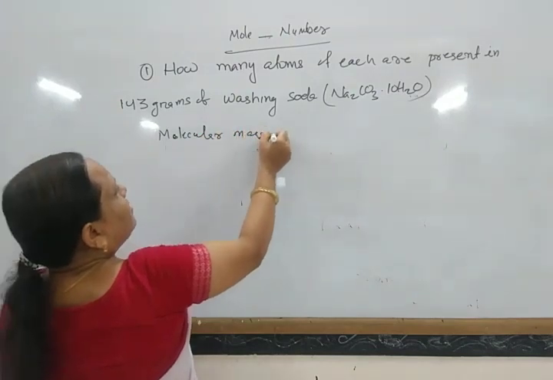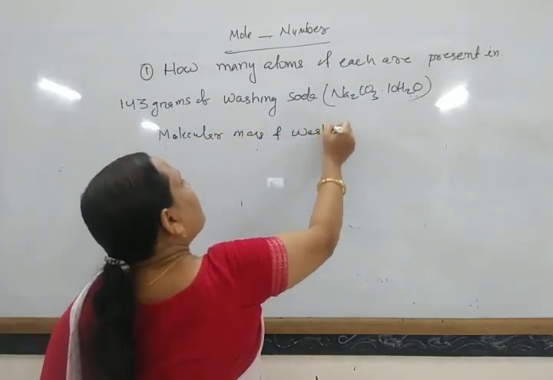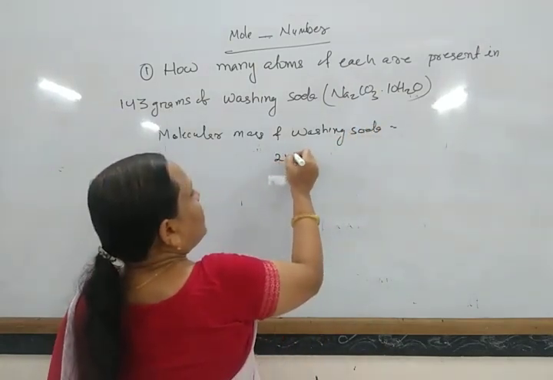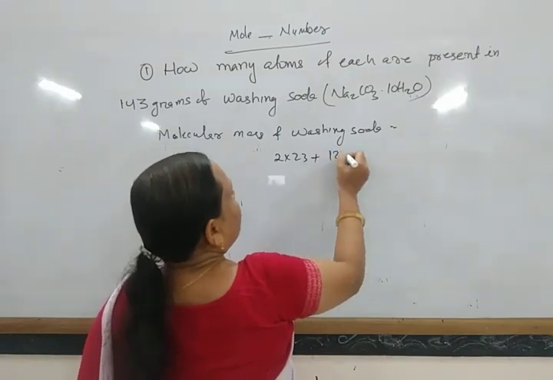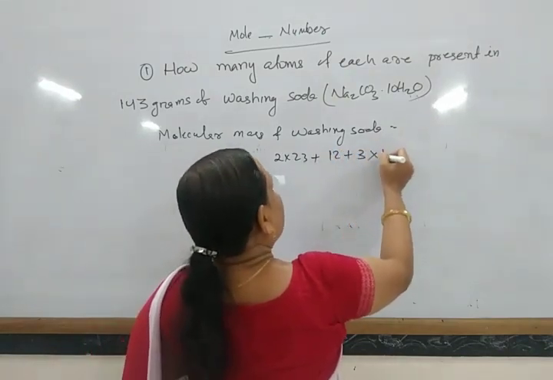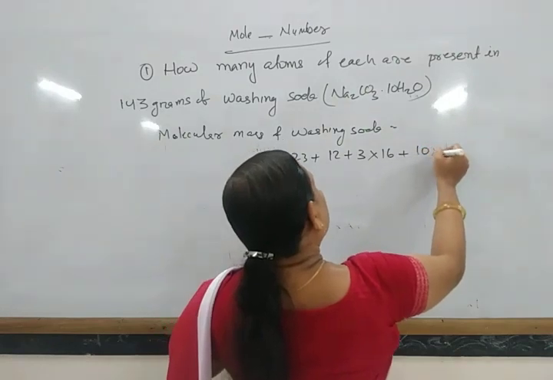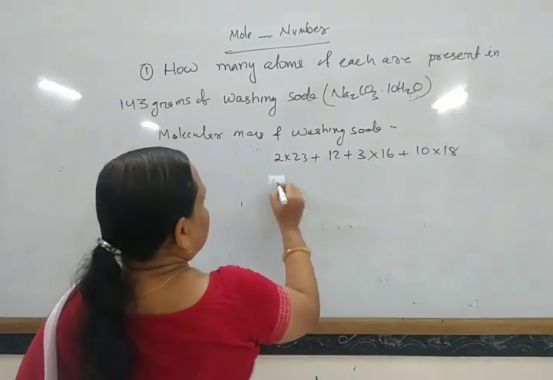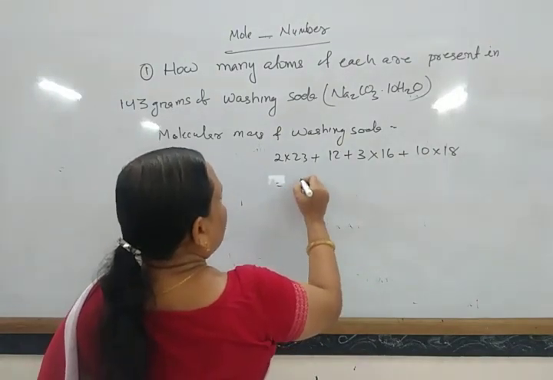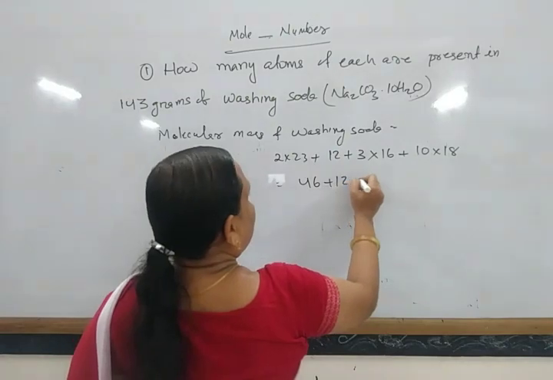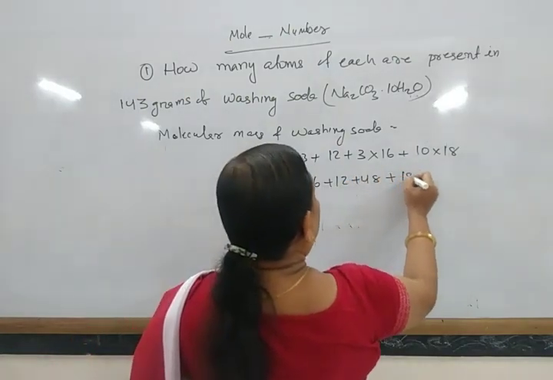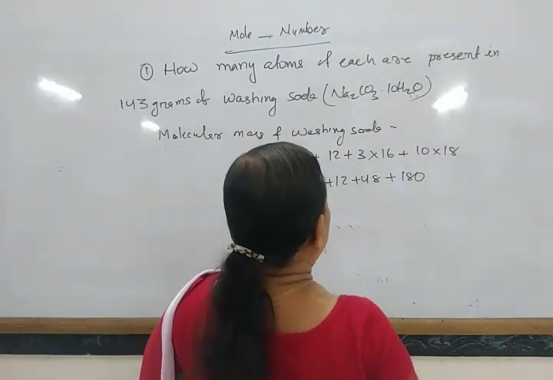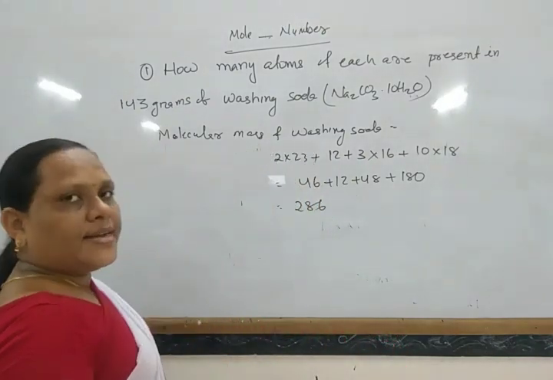Molecular mass of washing soda: 2 into 23 plus 12 plus 3 into 16 plus 10 into 18. This is equal to 46, 12, 48, 180, which is 286.